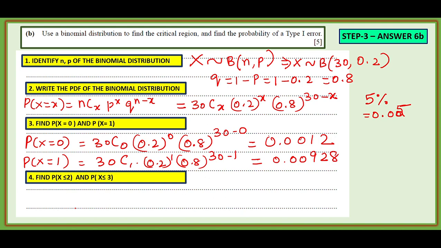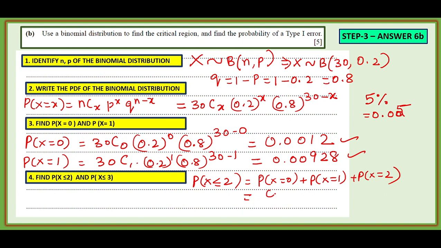We can take the whole range, and probability of x less than or equal to 2 can be probability of x equal to 0 plus probability of x equal to 1 plus probability of x equal to 2. So we can use these two values and we can find probability of x equal to 2, and then we can find that probability of x less than or equal to 2. We can add all these values and we can find that as 0.0442. So when we look at this value, you can understand that this is just below this 0.05.